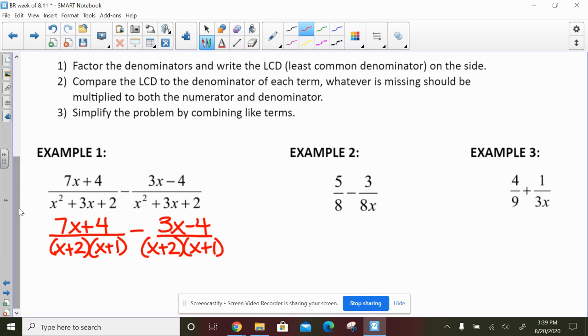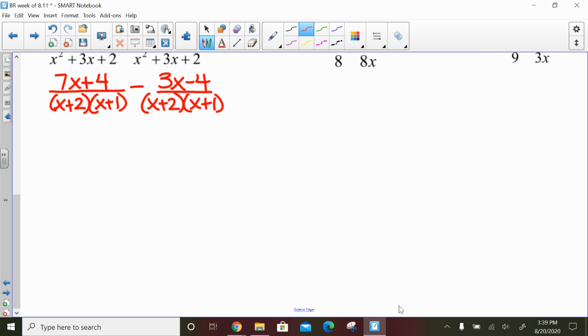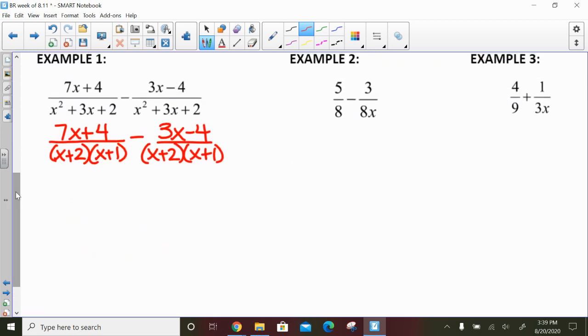Okay, so when we do this, we have 7x minus 3x. So you can't forget this minus here. It is going to go to both of these signs. So I have 7x minus 3x is 4x, and 4 minus the negative 4 will be a positive 8 over x plus 2 and x plus 1.